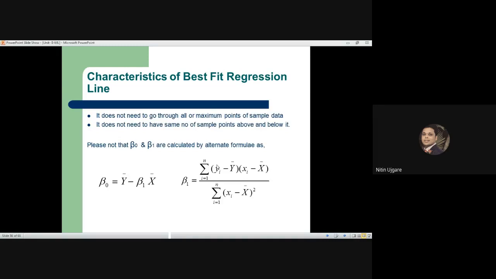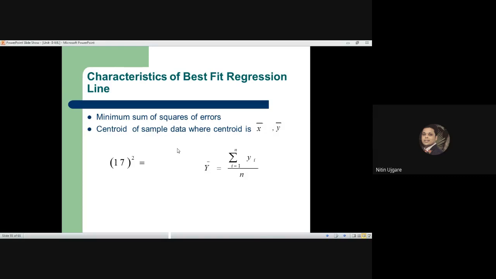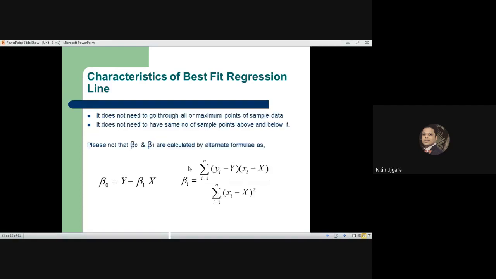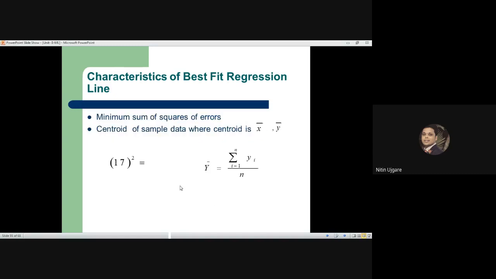Okay, this is actually something I am missing. Okay, no problem. This is actually x bar. Let it be. So this is another characteristic of the best fit regression line. This equation is not part of the discussion. It is just a mistake in editing the slides. I'll remove this part later.